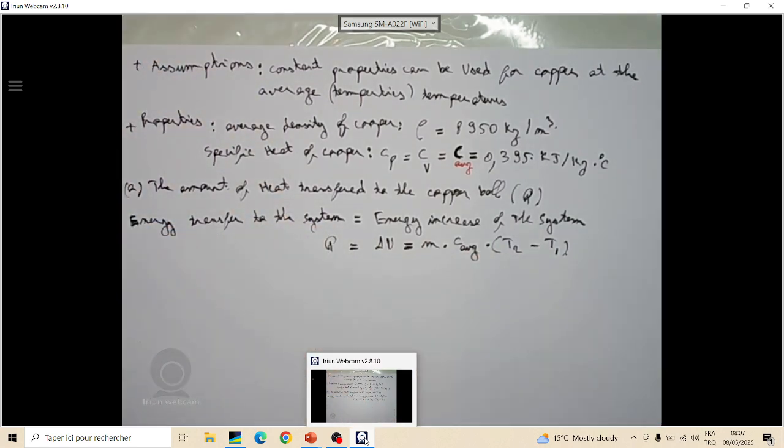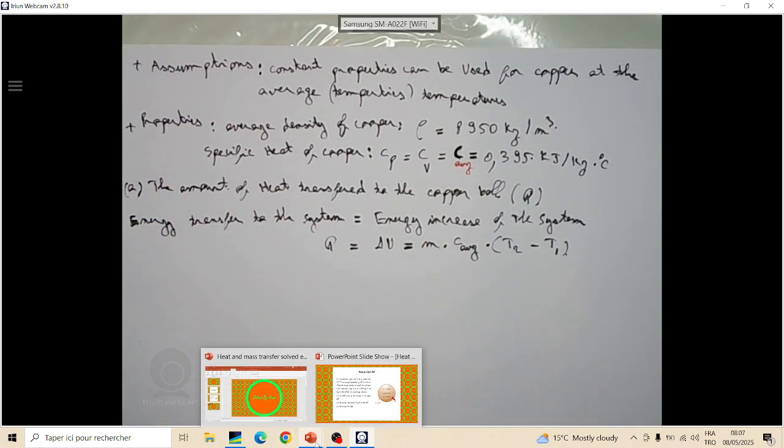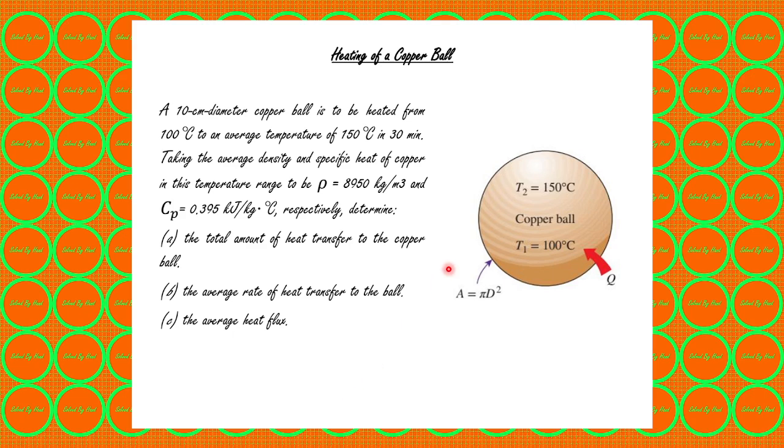Because, as we have seen, the temperature will be increased from 100 degrees Celsius to 150 degrees Celsius.